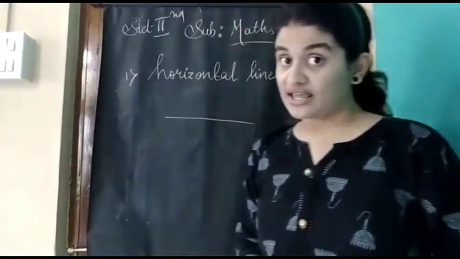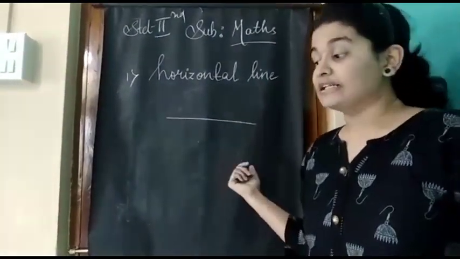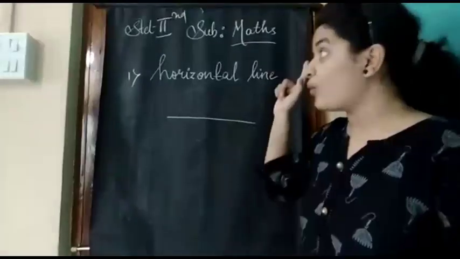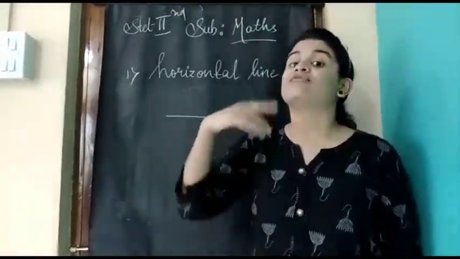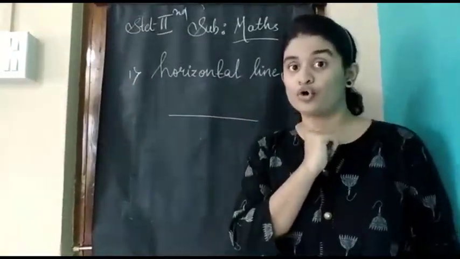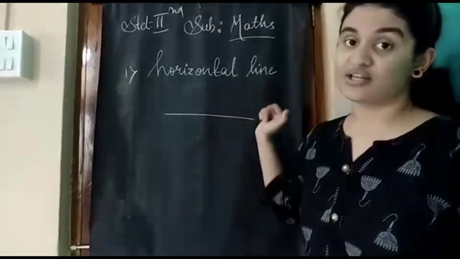Now we are going to see the next type of line, that is vertical line. Okay? So we have revised that. I have taught you this lesson in the last video. So now we are going to do its revision.